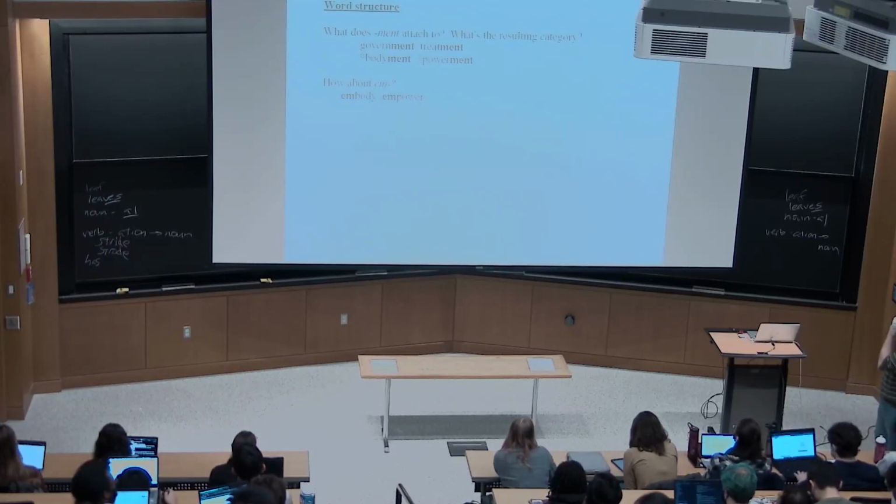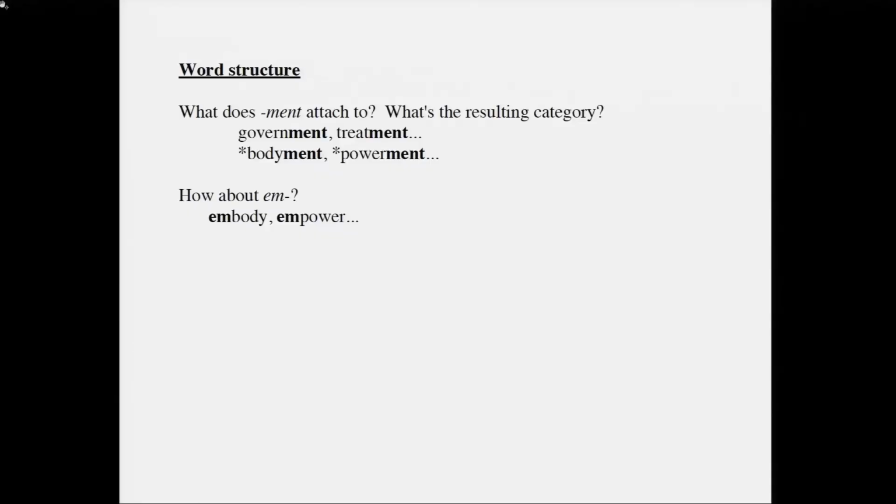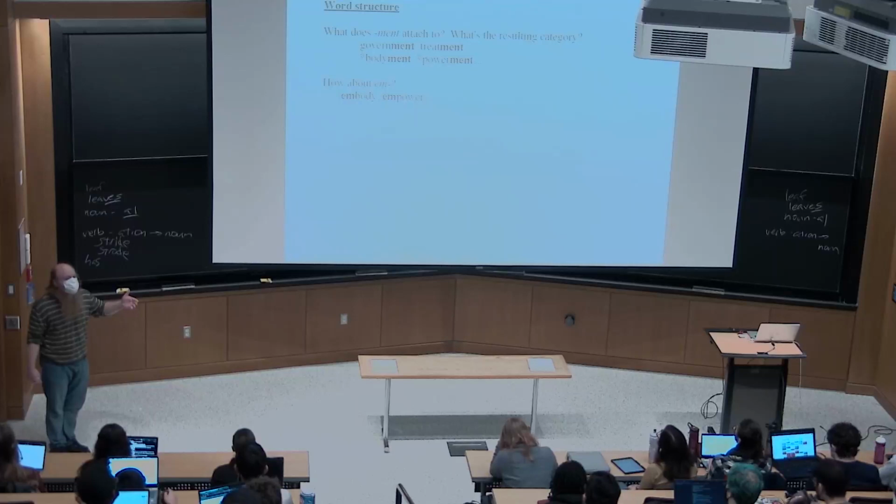So let's talk about these particular morphemes. Think about the suffix ment. What does ment attach to and what does it create? You can say things like government and treatment. You cannot say things like bodiment or powerment. What does ment attach to? What are govern and treat? Verbs.